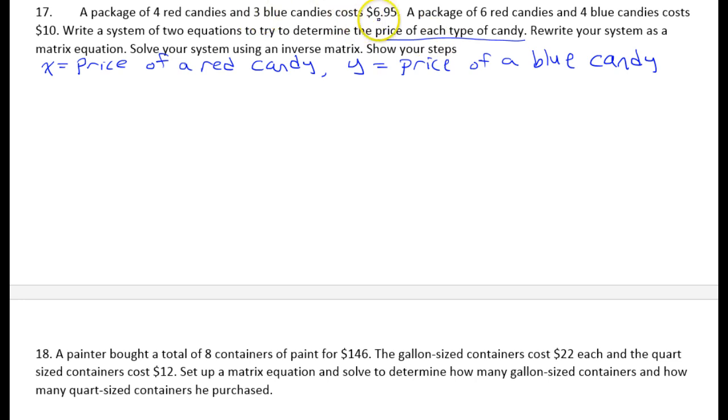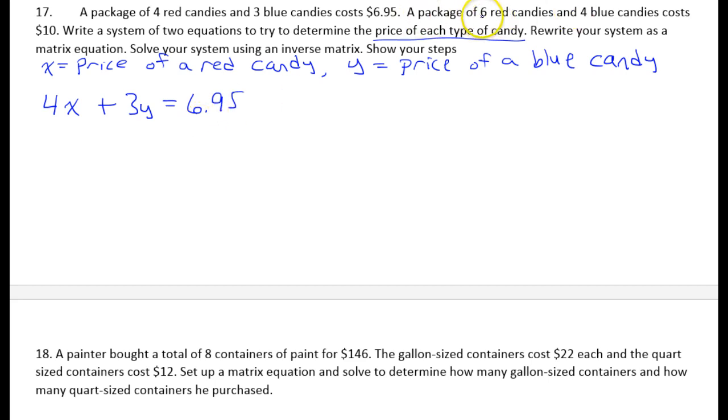Alright, I guess the sentence basically just describes the equation. So, 4 red candies. So, 4 times the price of a red candy, and then we have 3 blue candies, so plus 3 times the price of a blue candy should equal the total cost, which is $6.95.